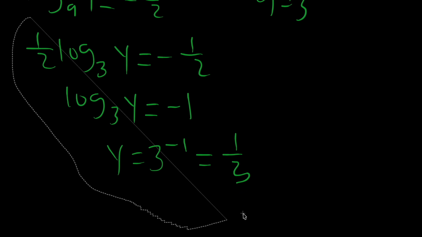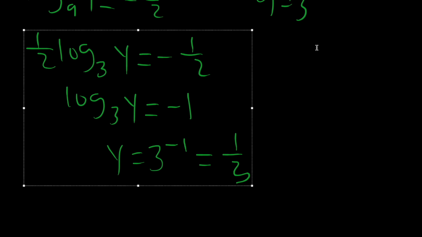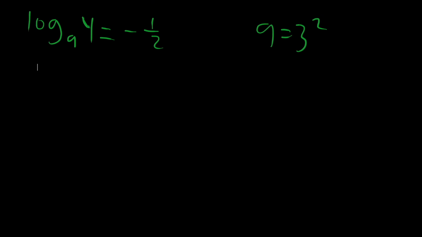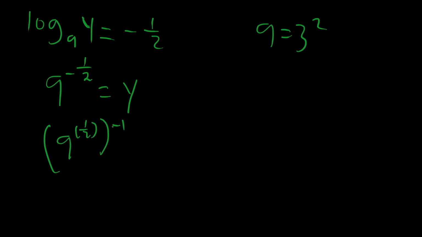You can also solve this problem by using simple algebra. So 9 to the power of negative a half is going to be equal to y. So this is going to be equal to 9 to the power of negative a half, and then here will be negative 1.